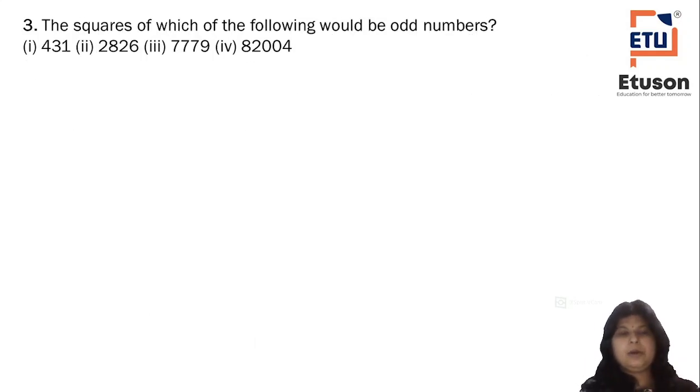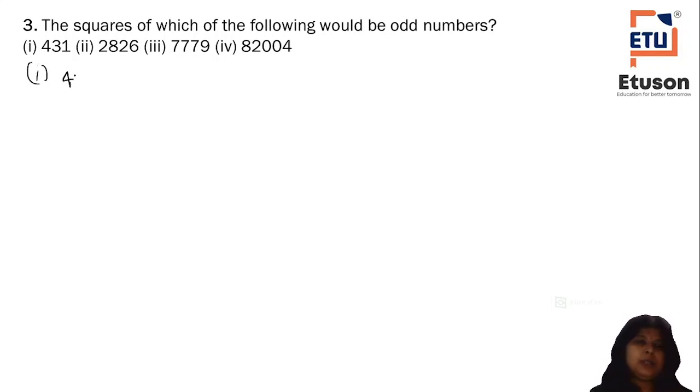The square of which of the following would be an odd number? So in 431 square, we'll have 1 at its unit digit, correct or not?